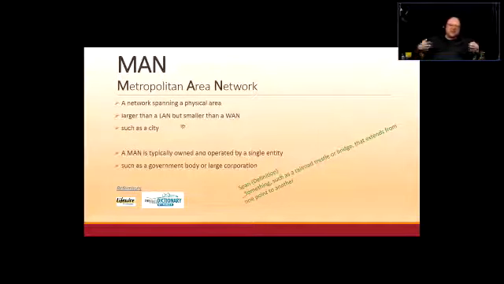Well, it could be a city network, such as a city. A MAN is typically owned and operated by a single entity, such as a government body or a large corporation, usually a city.